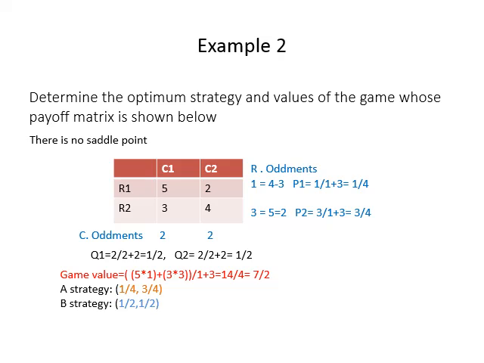First, let's apply the row oddments. Oddments R1 equal the difference between the values of R2, equal 1, or 4 minus 3.